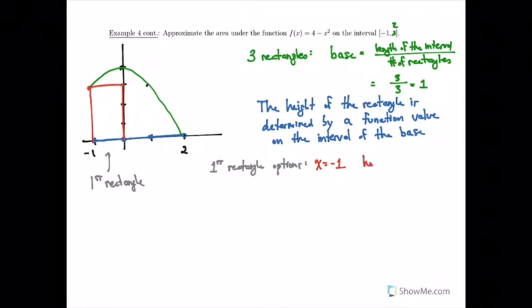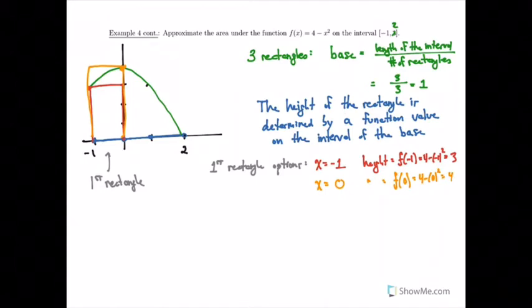Right, so the height would be f of -1, in this case 4 minus -1 squared, or 3. We could also choose x equals 0, as that's on that interval as well. We would go up to 0 on the function and draw a rectangle down from there. In this case, the height would be equal to f of 0, or 4 minus 0 squared, 4.